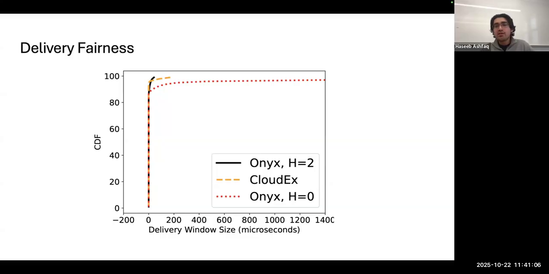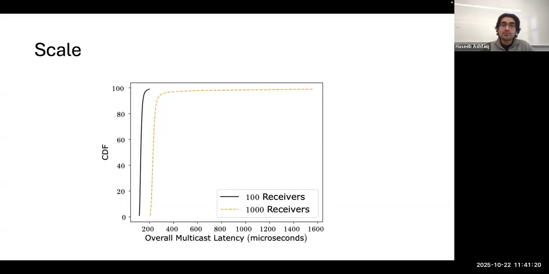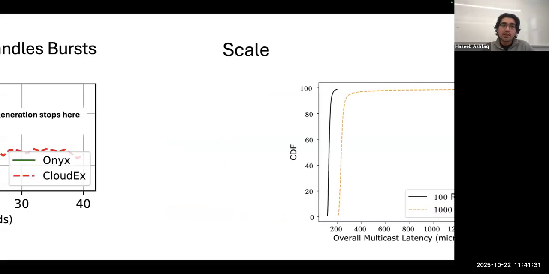It's the same as the other system, CloudEx, but CloudEx does not scale well. It does not work for more than 100 receivers, but Onyx works and gives the same performance with 1000 receivers. And this is the multicast latency as we go from 100 receivers to 1000 receivers. At 1000 receivers, we do see a long tail.